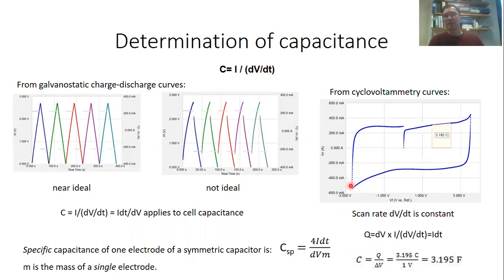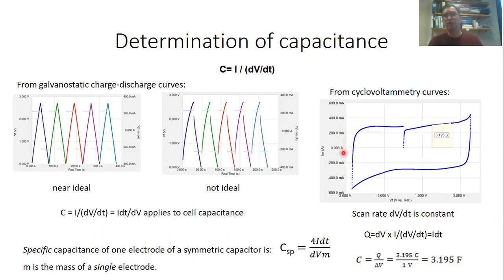Okay. For an ideal capacitor, you will have a cyclic voltammetry curve which follows an exact rectangle. As you start scanning at a particular scan rate, you will measure a certain current which will remain constant until you reach the final voltage. If you discharge, then the same current will flow in the opposite direction.